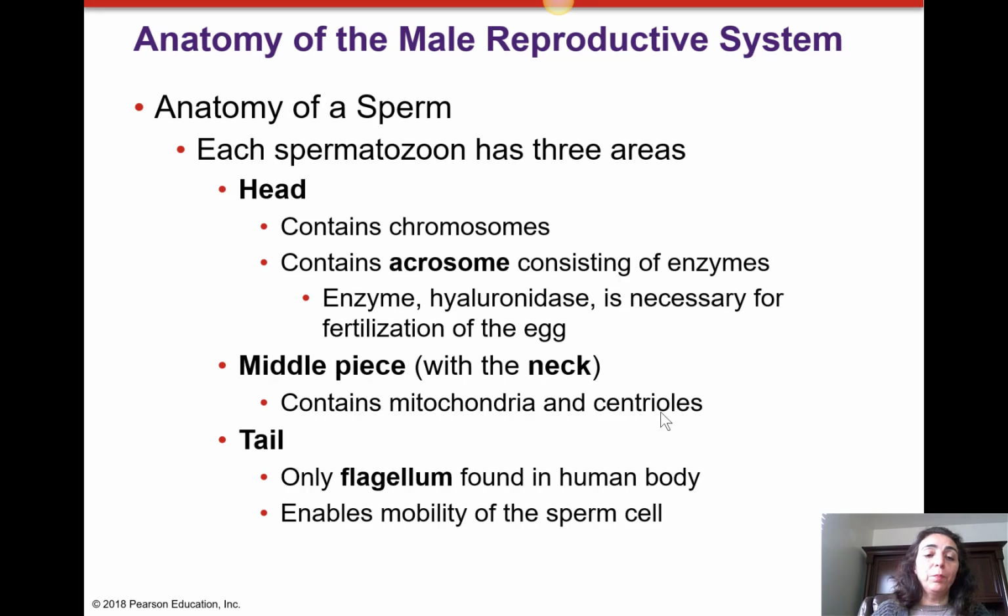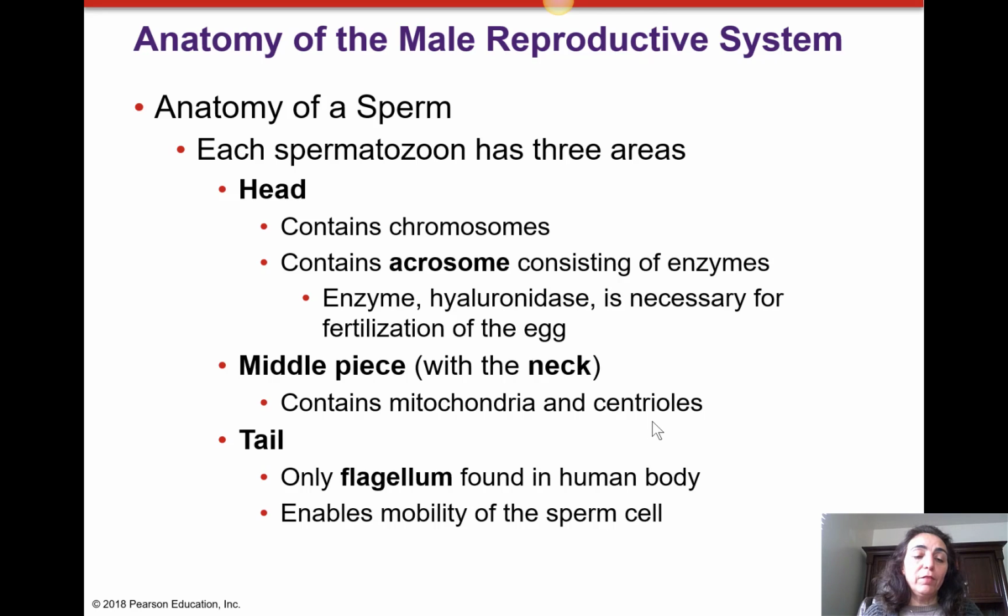And as the sperm is a cell that is moving all the time, if it is not moving, it is not functional, right? So it needs lots of mitochondria that are located in the middle. Besides that, we have some centrioles in the middle piece of the sperm that includes the neck.